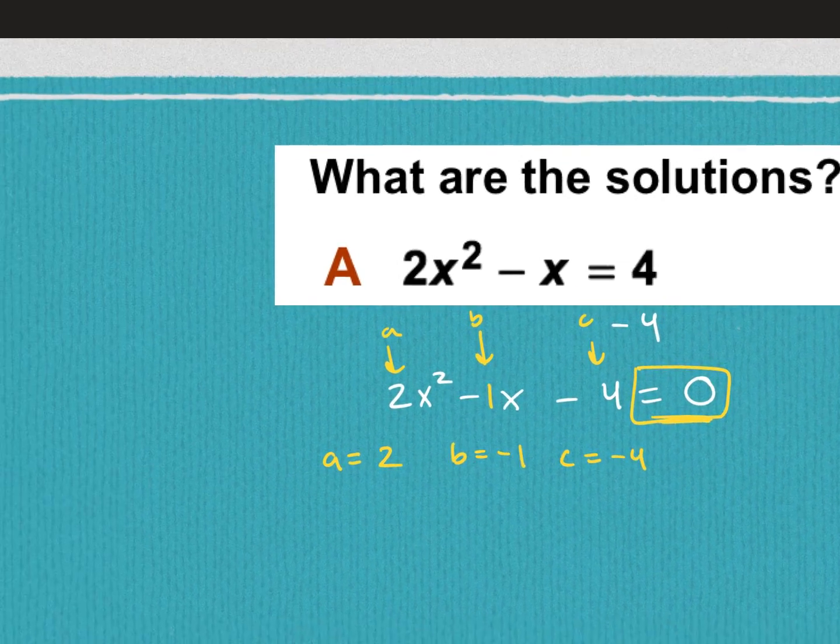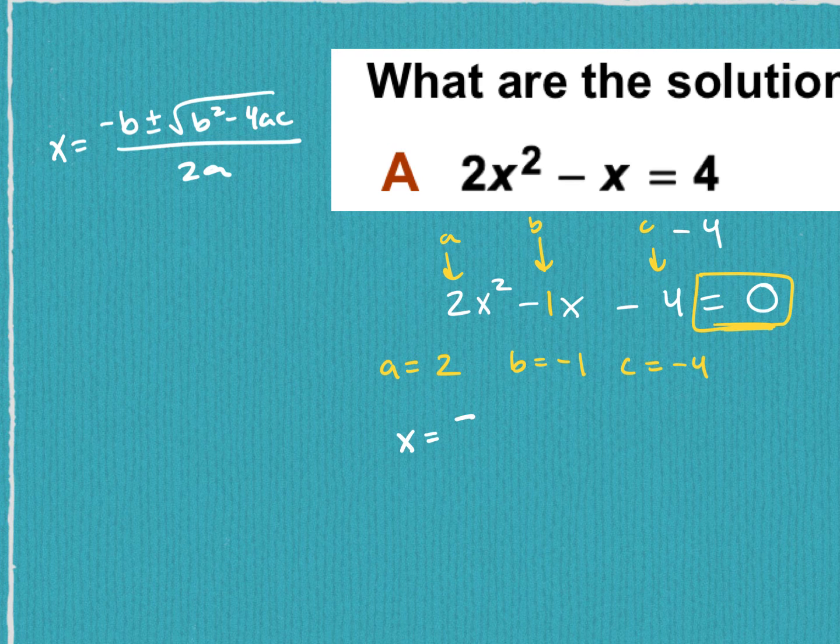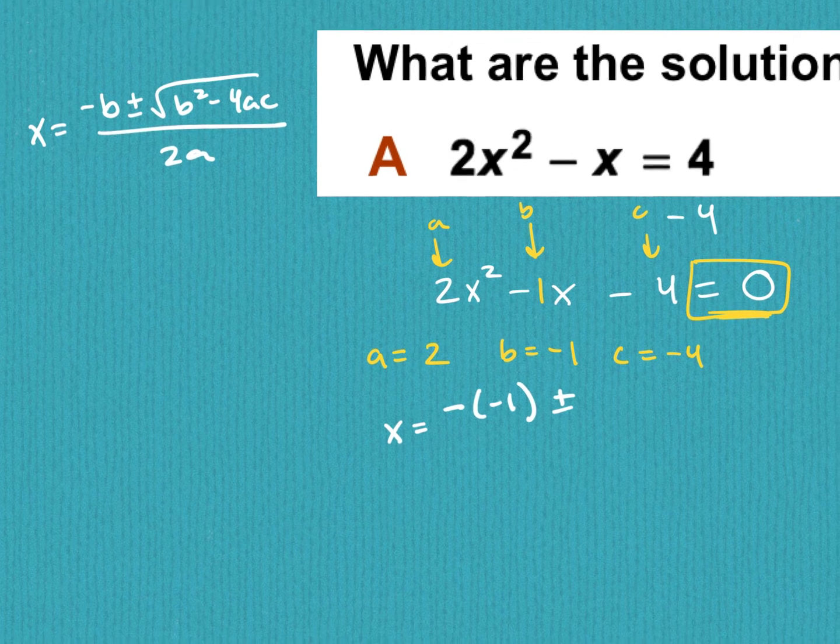All right, now our formula, I'll write it on the side over here. x is equal to negative b plus or minus the square root of b squared minus 4ac over 2a. So x is equal to negative b, so that would be a negative 1, plus or minus.